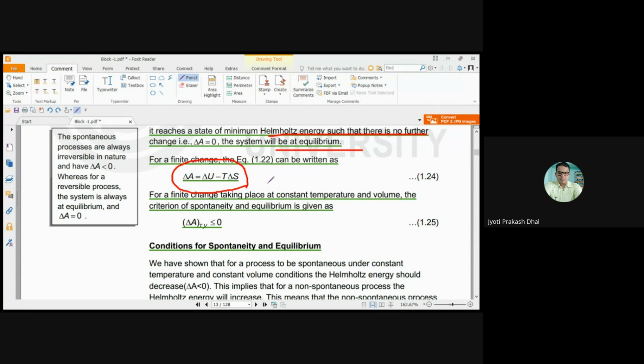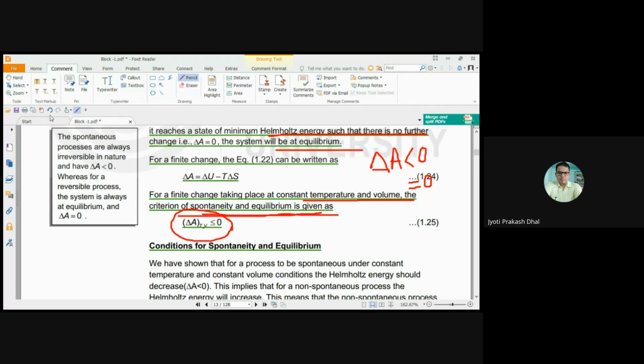So, for a finite change taking place at constant temperature and volume, the criteria of spontaneity is del A less than 0, and the criteria of equilibrium is del A equals 0. So the criteria for both spontaneity and equilibrium is given by del A less than or equal to 0.